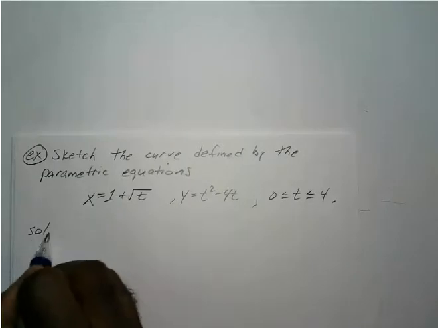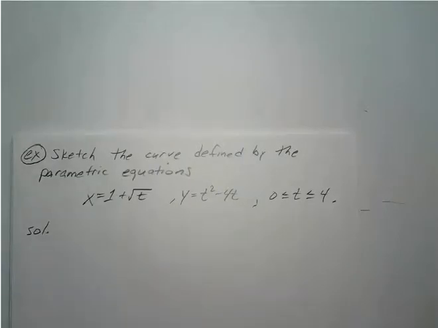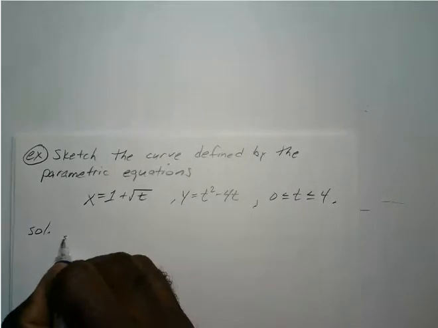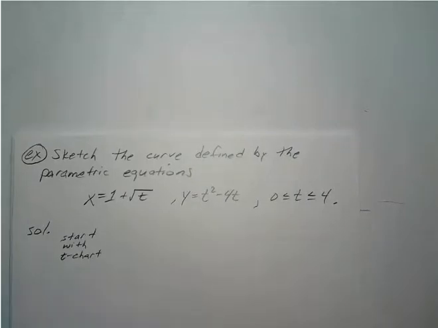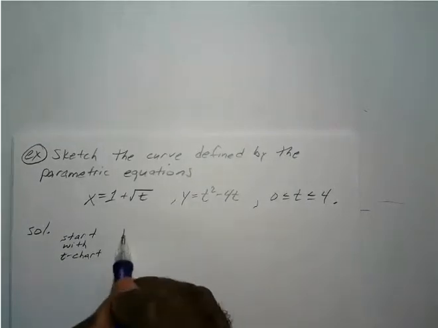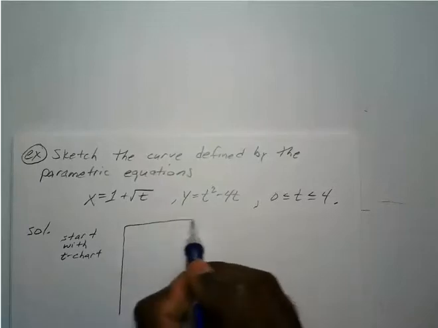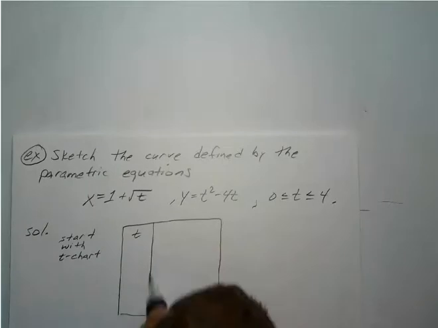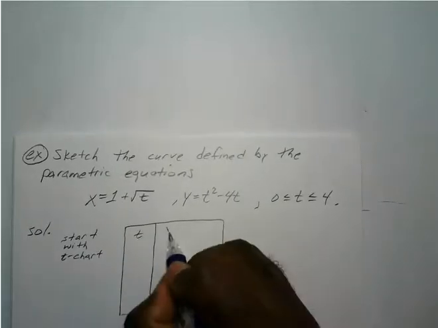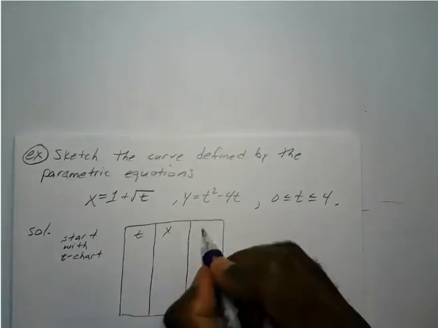There are a couple of ways you can sketch this, but I found the easiest would be to start with what we call a t-chart. That is basically just a chart where you have your t, you have your x, and you have your y.